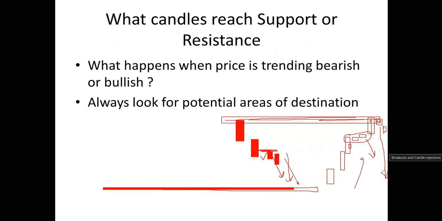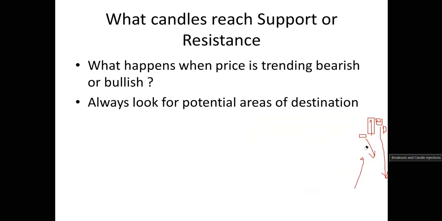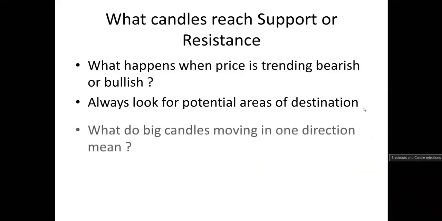This has probably happened a lot of times for a lot of people. It only happens because you did not wait for candles to move in your direction before taking the trade. Make sense? Makes sense. So there's a higher probability that you will win a trade if you wait for candles to form in your direction.